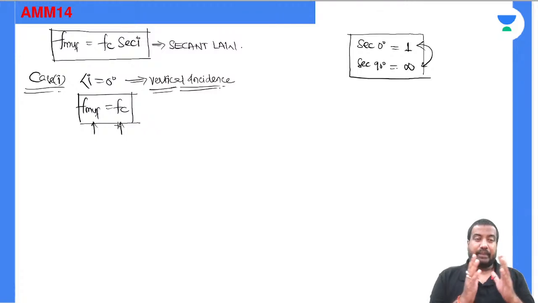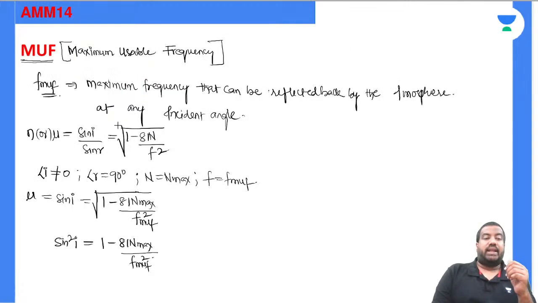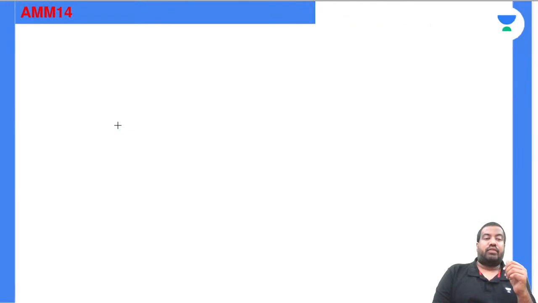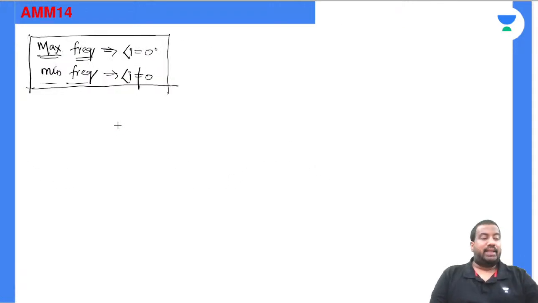Now you listen carefully. Now slowly things will fall in place. For critical frequency, I said that it is the maximum frequency that can be reflected back by the ionosphere at vertical incidence. Vertical incidence means incident angle is 0. Now I am trying to justify that.